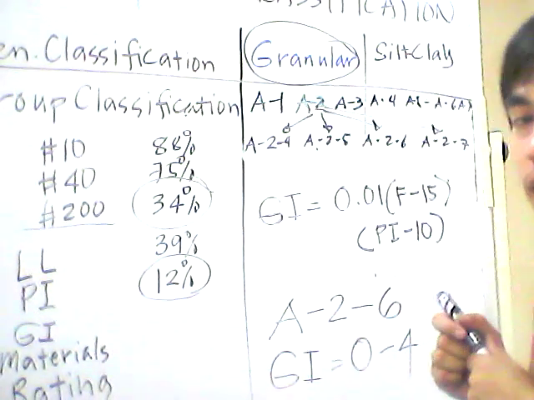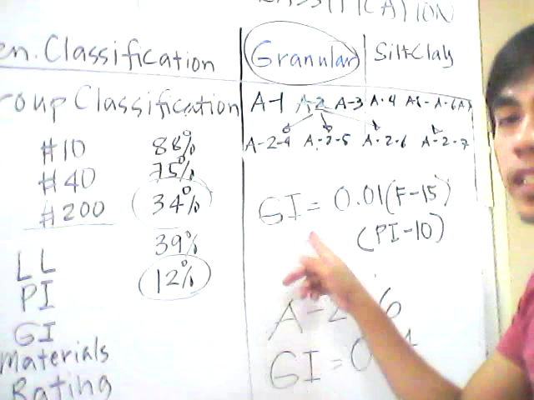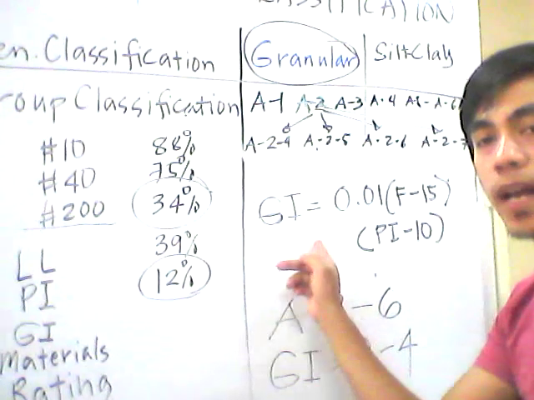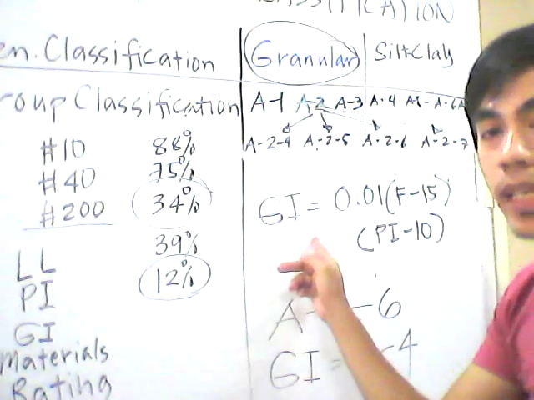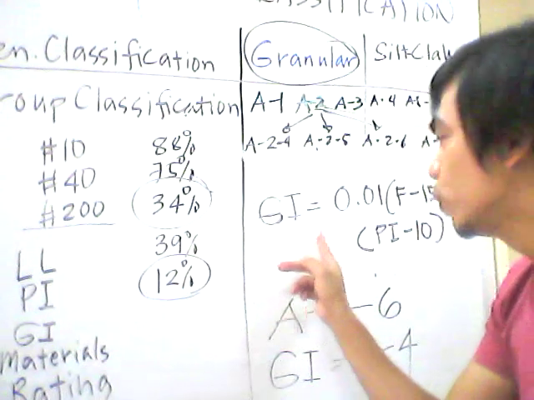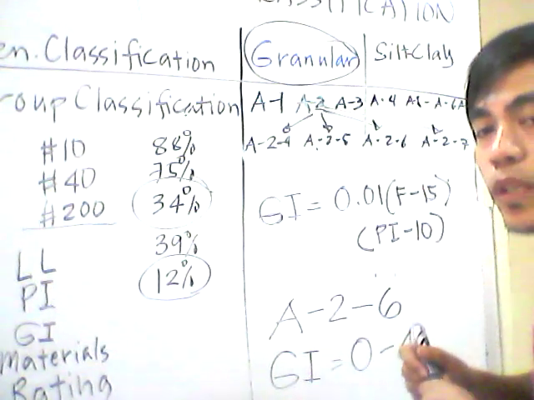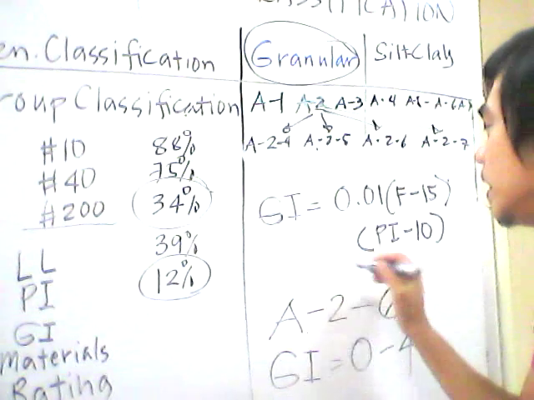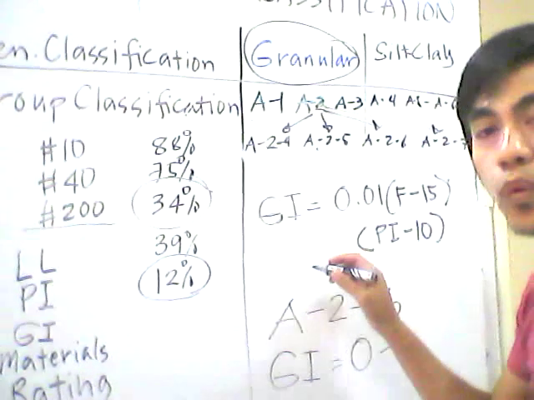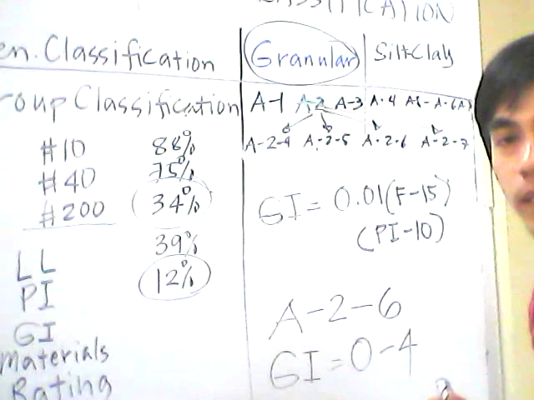and A-2-7. We call this partial group index formula. Again, this is only for A-2-6 and A-2-7 subgroup. And we have to take note that group index is expressed to the nearest whole numbers.